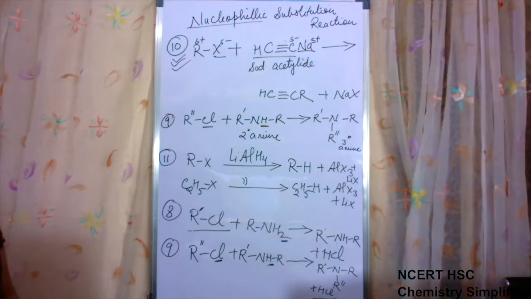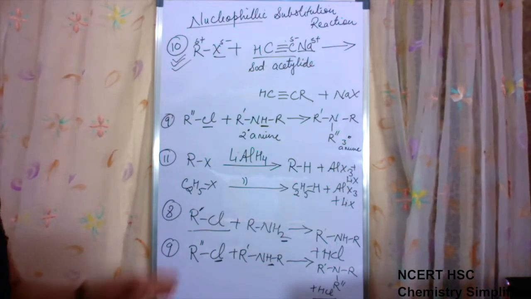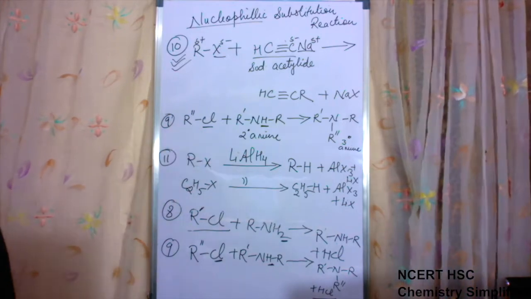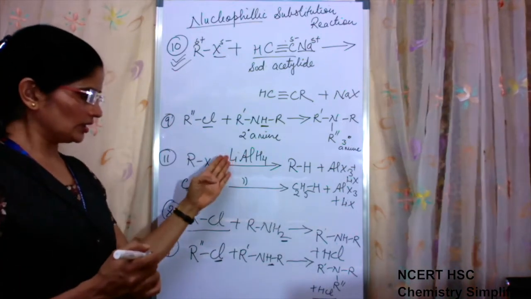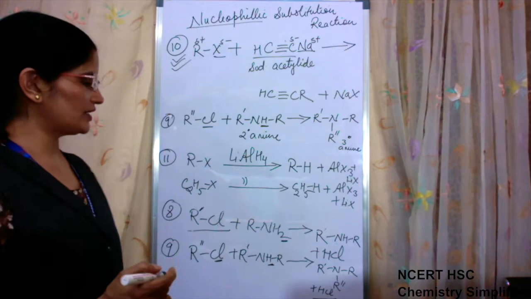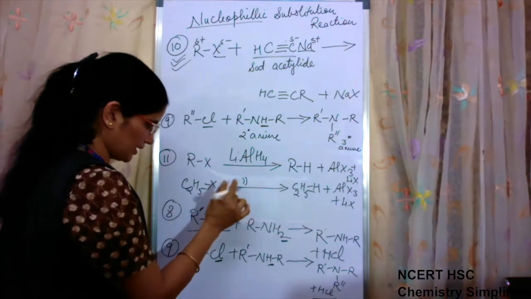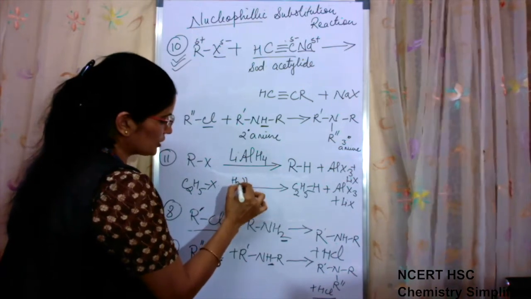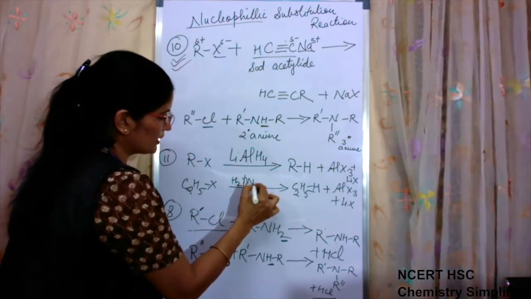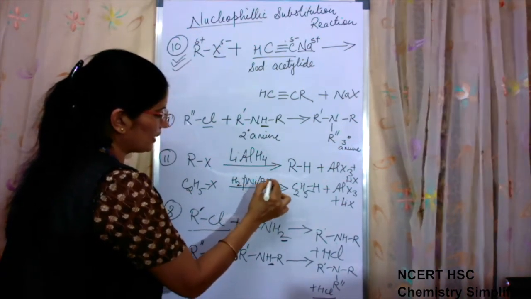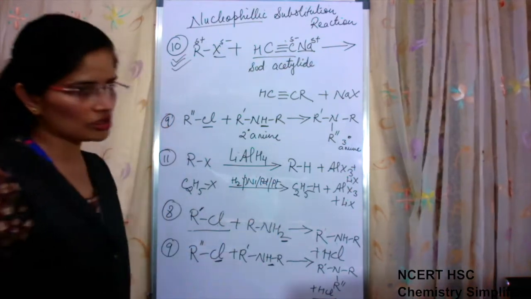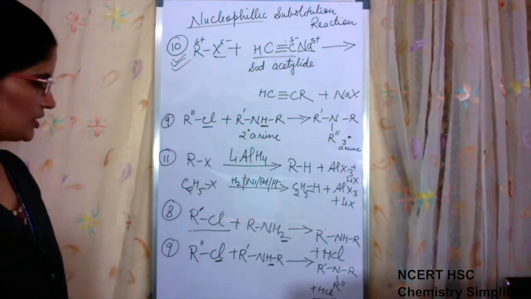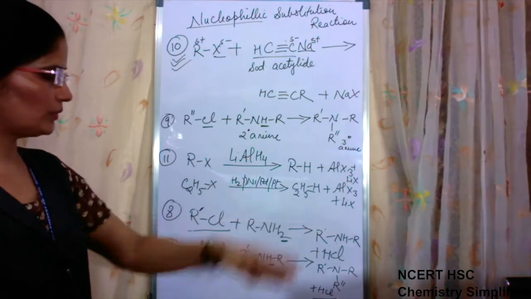So almost all type of compounds are formed using RCl as a starting material. For reduction, along with lithium aluminium hydride, more reagents are there. I can write their name. You know that hydrogen in presence of nickel, palladium and platinum is also a strong reducing agent. So you can use lithium aluminium hydride also.